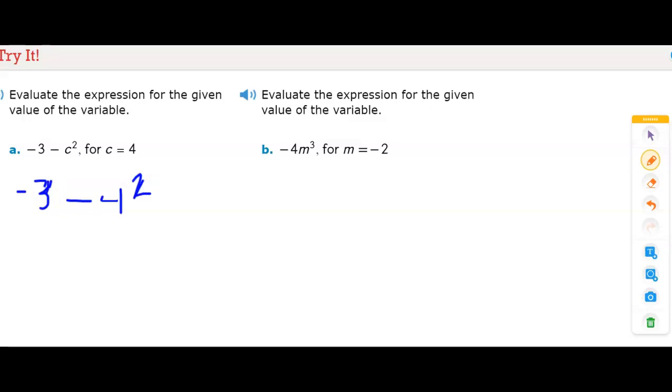We have to do exponents first. 4 times 4 is 16. And so we have negative 3 minus 16. And then you subtract those two numbers, and that'll be negative 19. And then we're going to look at B.